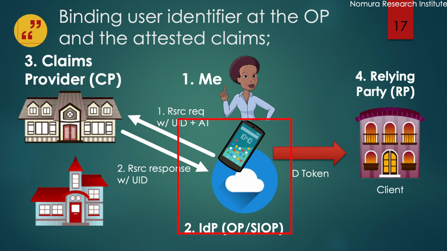So this one maintains its own user identifier, and the claims provider maintains its own user identifier as well.